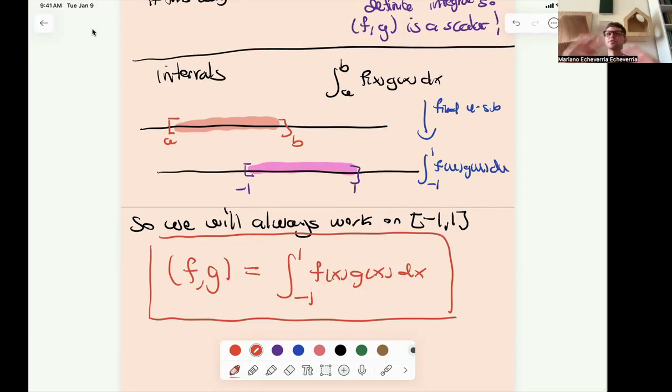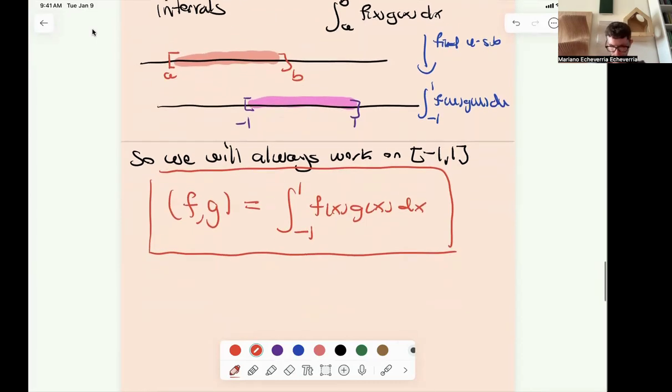You have a convention that you want to use, and at least in numerical analysis, it is very common to do it from -1 to 1.